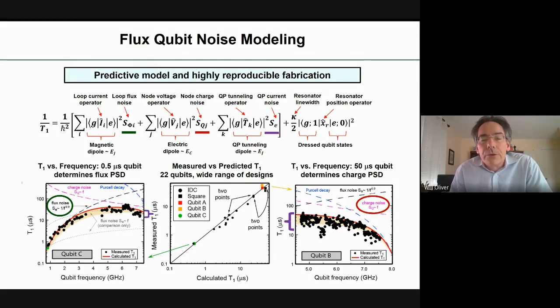One is that the model seems to be pretty accurate, or at least captures the key decoherence mechanisms. But the other thing it indicates is that the fabrication is reproducible. We can make the design that we want to make, and when we measure it, we're not missing something, it actually works. So that was published a few years ago in Nature Communications with Fei Yan as the lead author.